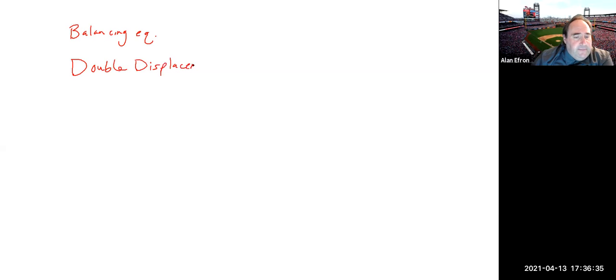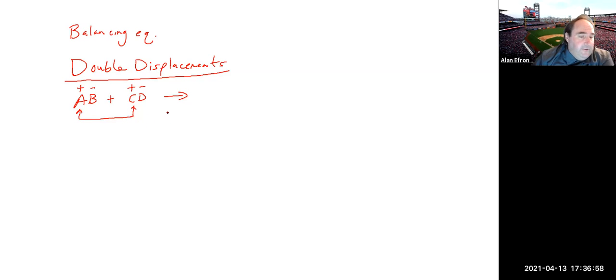And double displacement reactions basically have the general formula of AB plus CD. And what makes each of these things what they are is they are ionic compounds, which means we have a positive and negative guy. And always in a double displacement reaction, we get our 2 positive guys to switch partners.